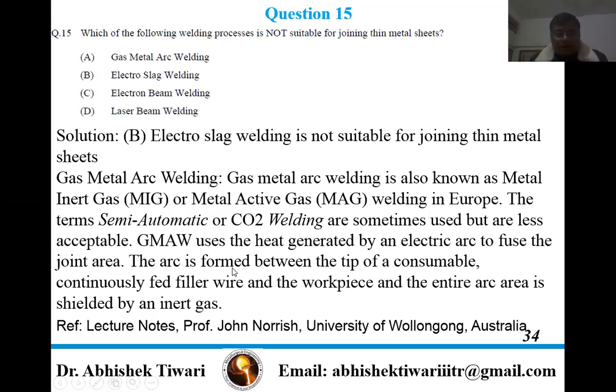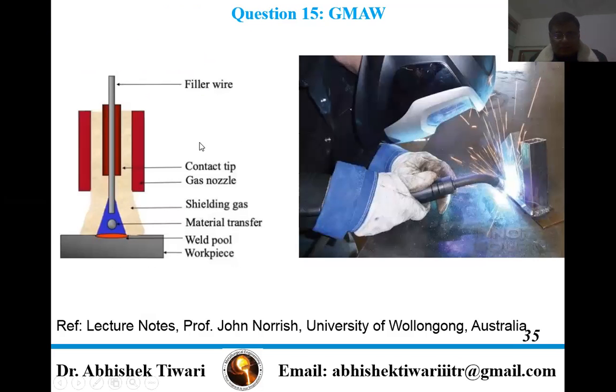The arc is formed between the tip of a consumable, continuously fed filler wire and the workpiece, and the entire arc area is shielded by an inert gas. This is the typical setup for GMAW: the filler wire, gas nozzle, shielding gas, material transfer, weld pool, and workpiece.